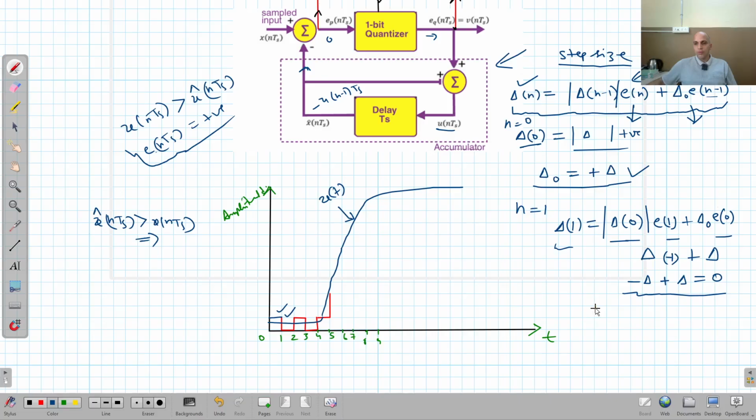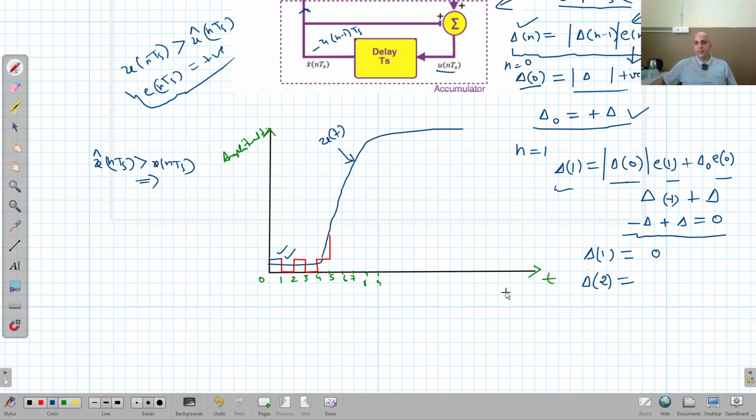So I put the value, and I got delta 1 is equal to 0, right? So this is for the first step. Then for delta 2, what will delta 2 be? You can put the value of 2 here.